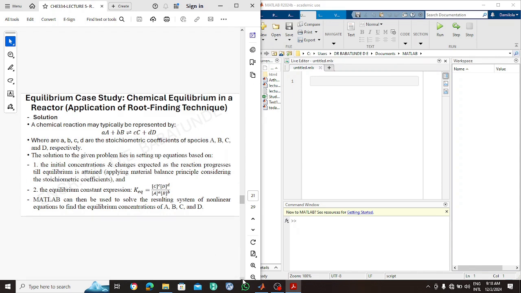Normally, when you want to represent a reaction taking place, in this case a reversible reaction, that's why you have the reversible arrow. One arrow going forward, one arrow going backward.